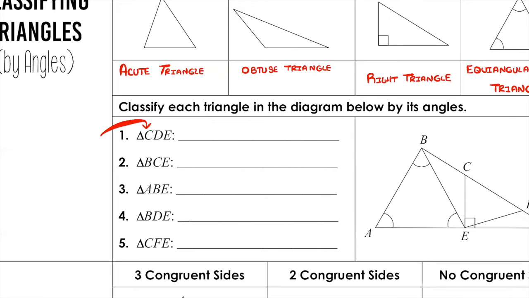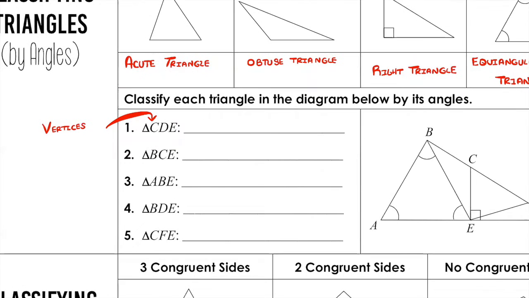So even if we aren't recording, remember, if you guys are talking, it makes it hard for the people online to hear. Thank you. So we've got triangle CDE. CDE, all vertices. What's a vertice? Yeah, where they come together, the point.